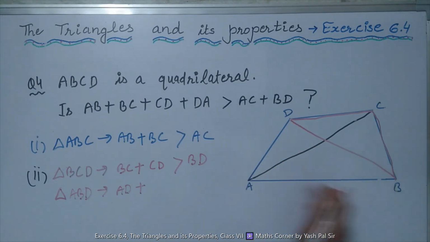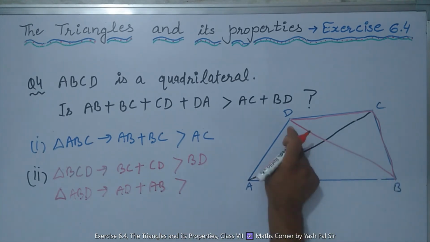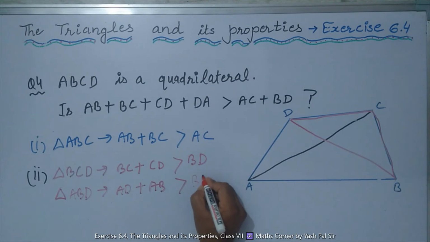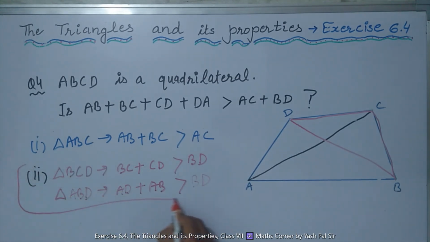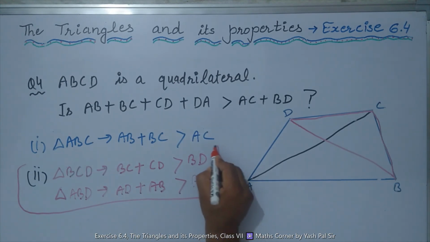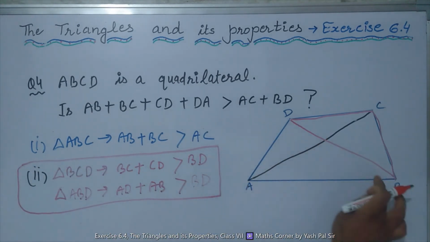AD plus BA, that is AB, is again greater than BD. So in these two cases, we are taking the help of BD. BD is common.